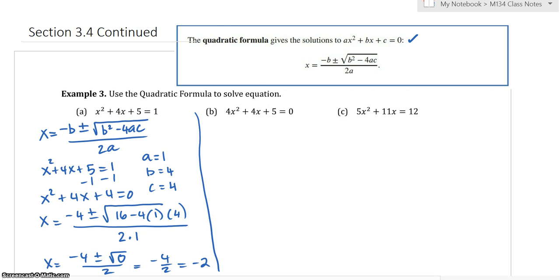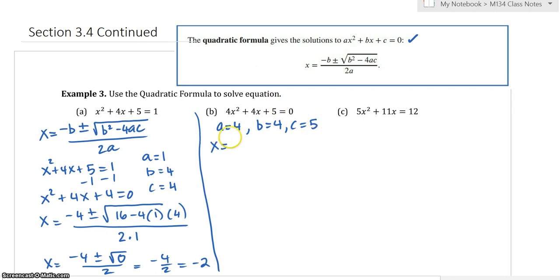This one is already in the standard form, so you do not need to adjust it at all. What is a in this one? A is 4. What is b? B is the linear term, also 4. And c is the constant term, which is 5.